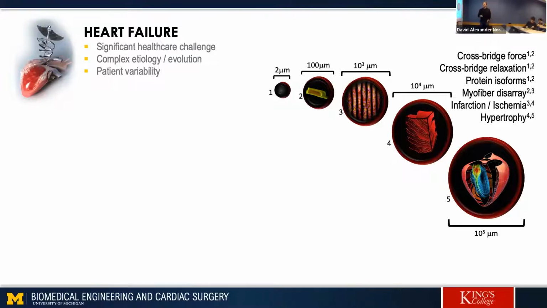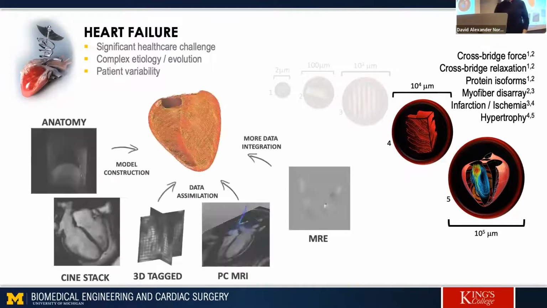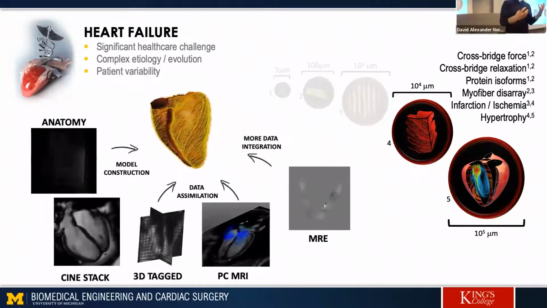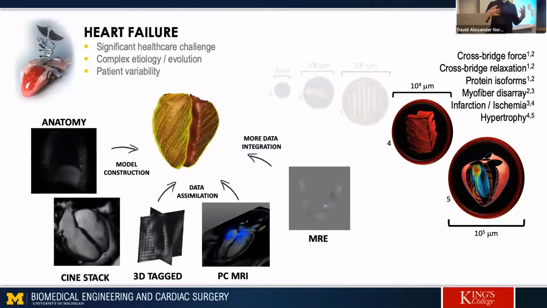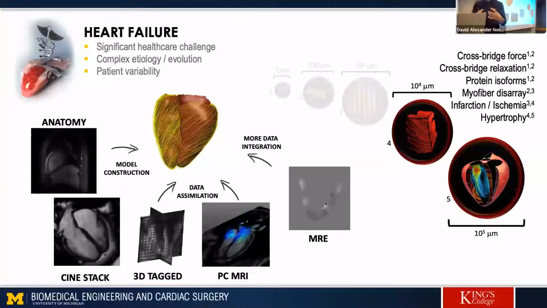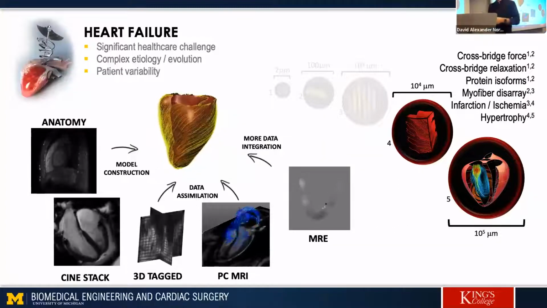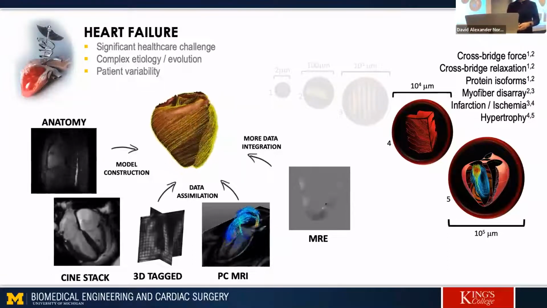My team is really interested in the tissue to whole organ scale. This is where we tend to work. Specifically, we are interested in ways we can take medical imaging and computation and bring them together, and in biomechanics: ways in which we can embed biomechanics and use it with imaging to better understand what's happening in the human heart.